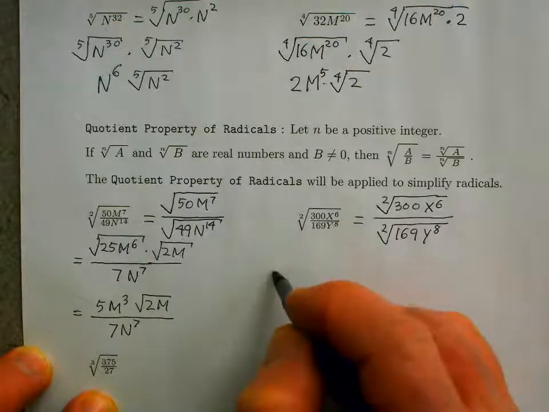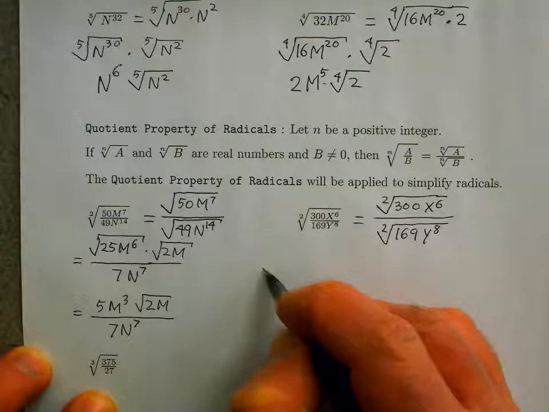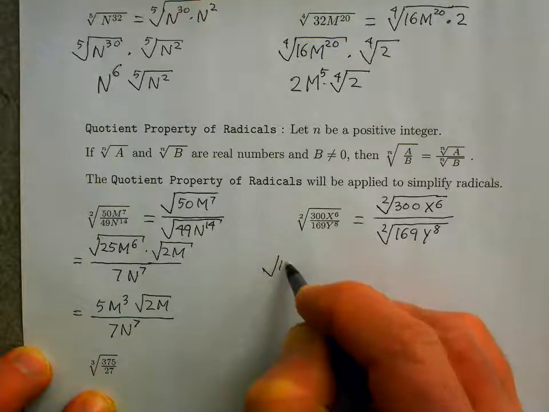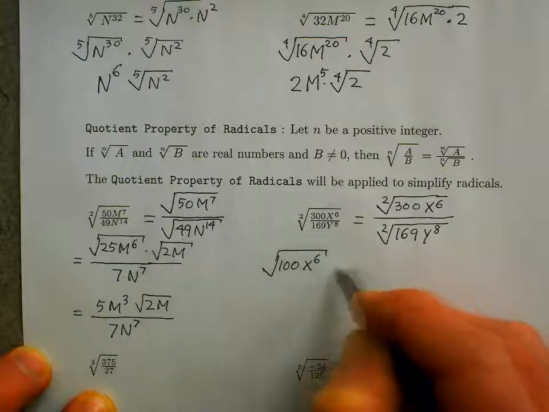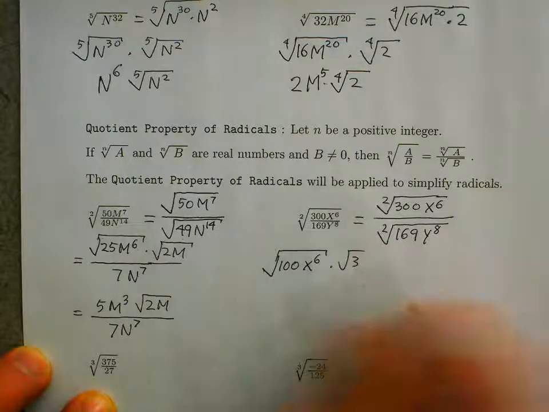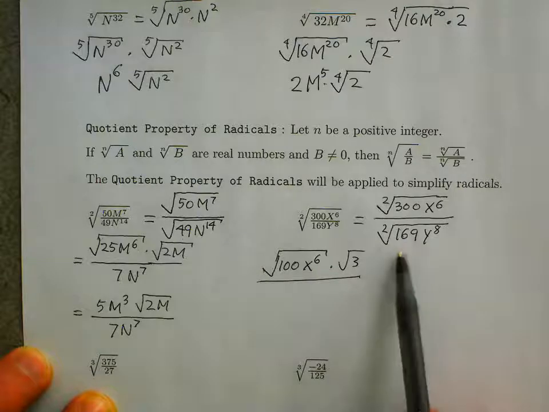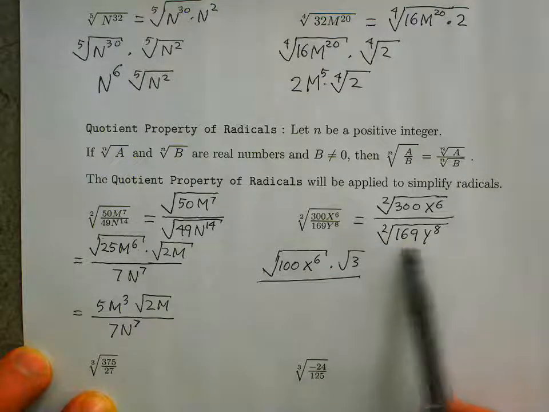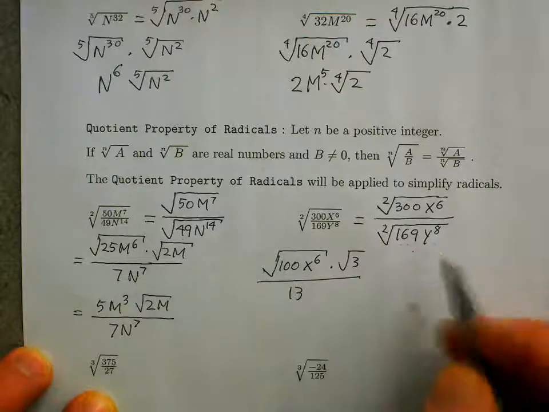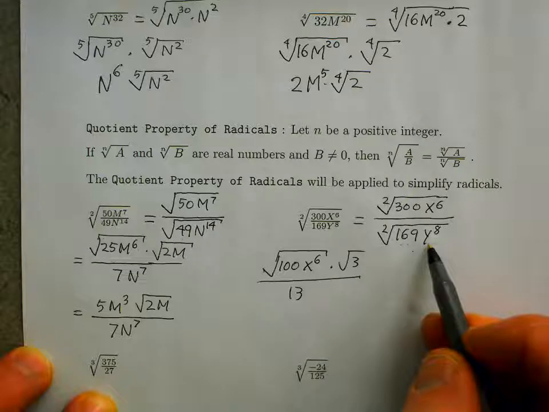The numerator, we'll rewrite as the square root of 100x to the 6th times the square root of 3. We can simplify the denominator because we're just taking the square root of a perfect square. The square root of 169 is 13. The square root of y to the 8th is y to the 4th.